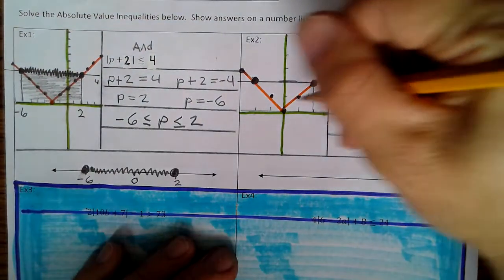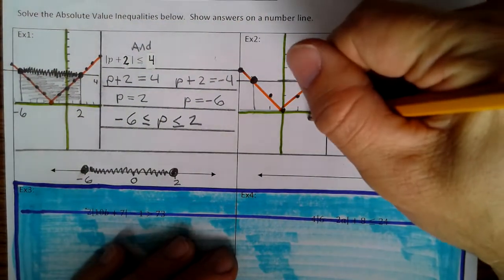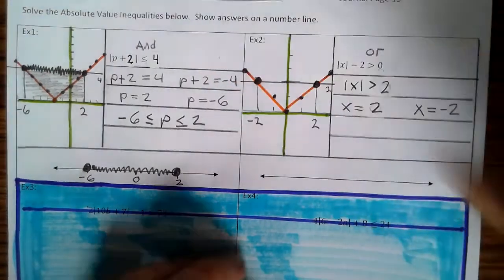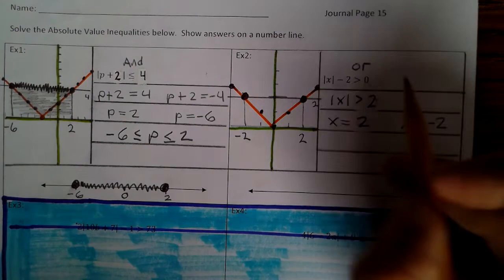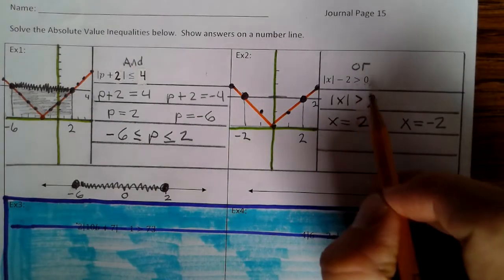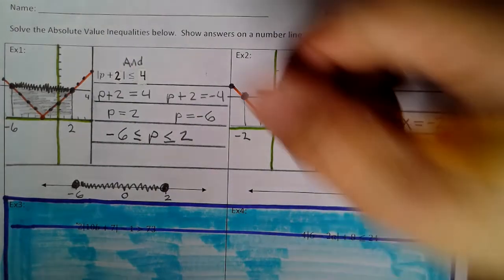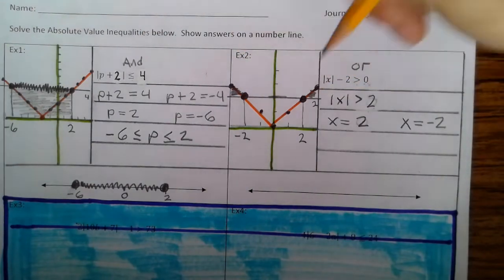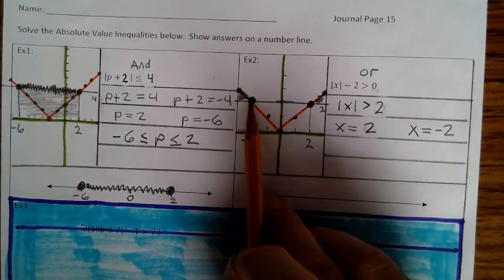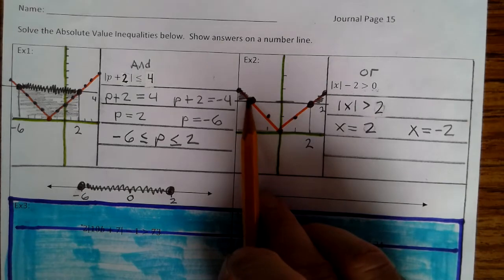You scroll down here, we can see that we're at +2, -2. Okay. Now, this is saying when the absolute value is greater than 2. So that's here and here. These are where the absolute value is greater than 2.